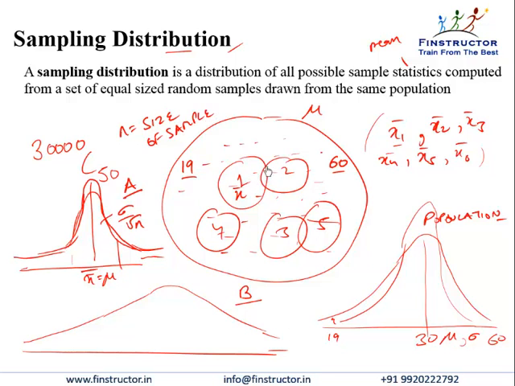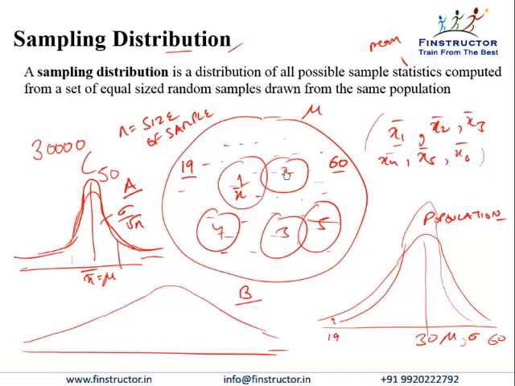If I take samples of size 100, then that averaging process will be even better, because groups of hundreds together will have closer averages than groups of 50. So the dispersion would be even lesser. So the sampling distribution has a lesser dispersion than the population, to the extent of the population standard deviation upon root n.